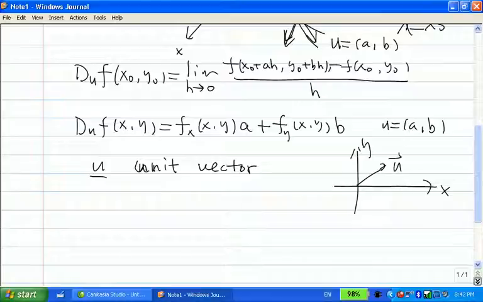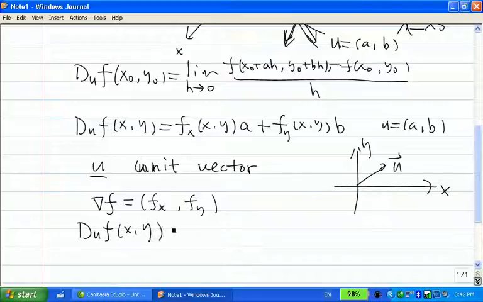Now if we define the gradient of f as the vector (fx, fy), then the directional derivative has a short way to write it: the gradient of f dot u.